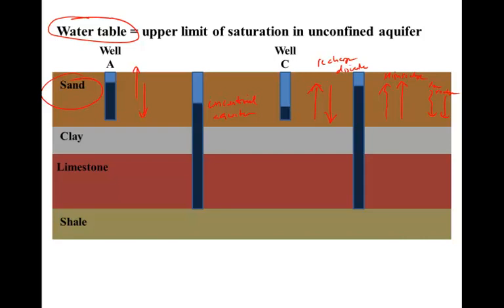The slope of the water table, the hydraulic gradient, can be approximated by the level of water in wells within the unconfined, only within the unconfined aquifer. Well A, well C are within the unconfined aquifer. There's a high water table elevation here.